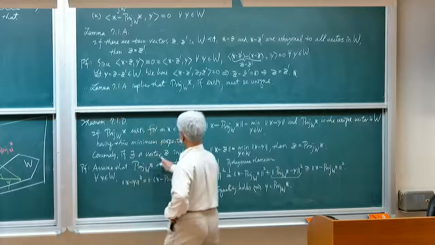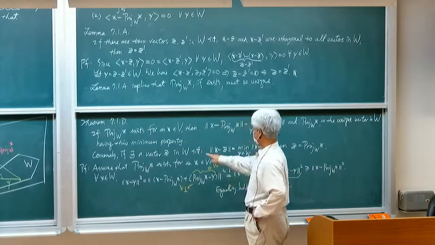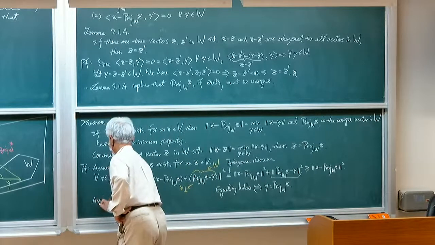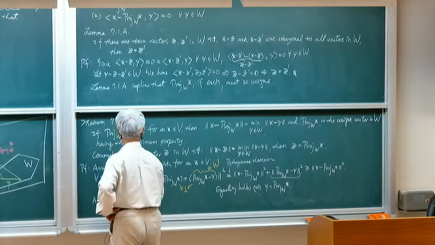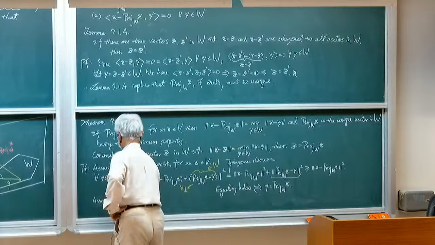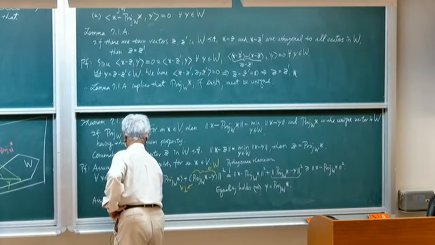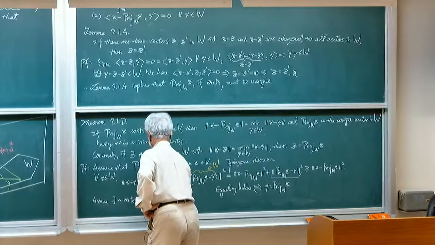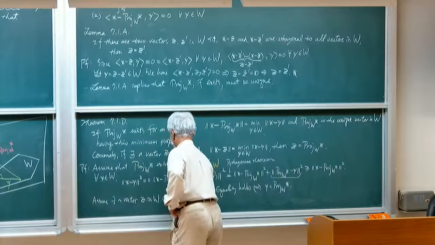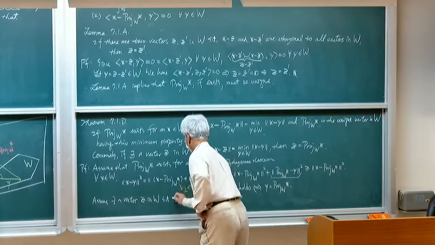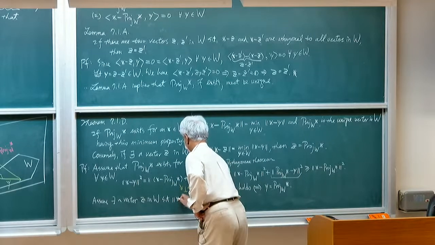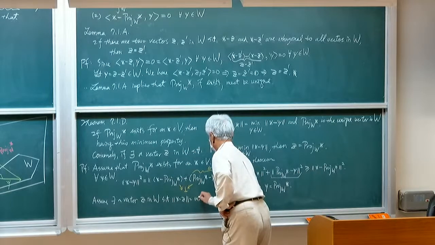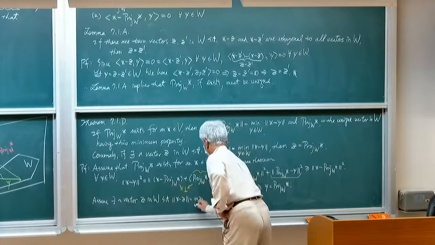Okay. Now suppose that. So now assume there exists a vector z in W such that the norm of x minus z is equal to the minimum over y.